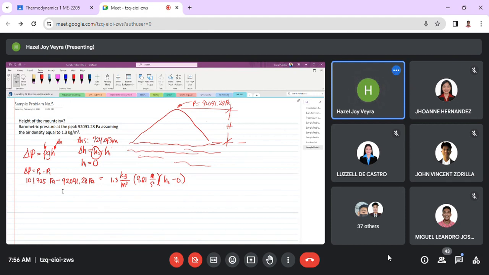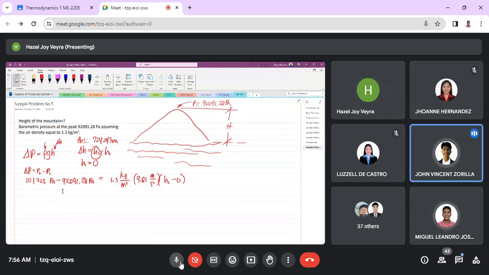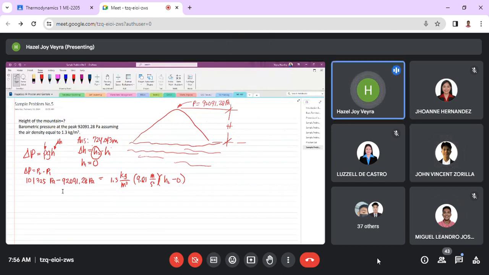Calculator. 101325 minus 92091.28 gives 9233.72 pascals. So let's convert to Newton per meter squared, for the sake of unit cancellation.